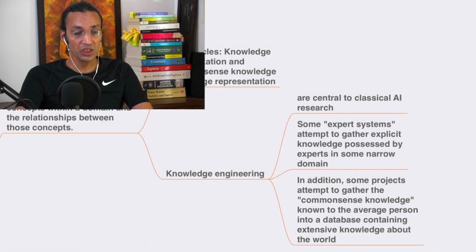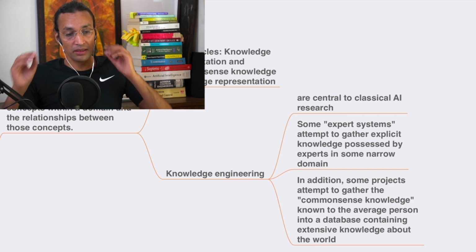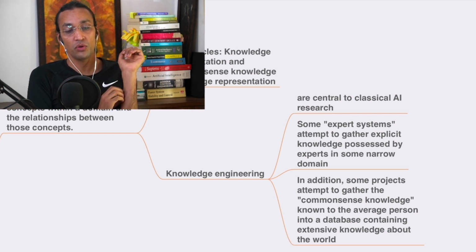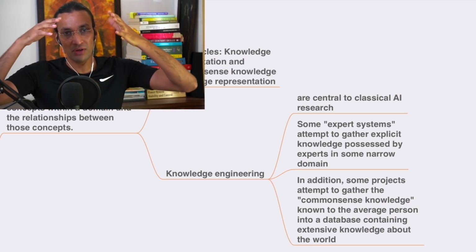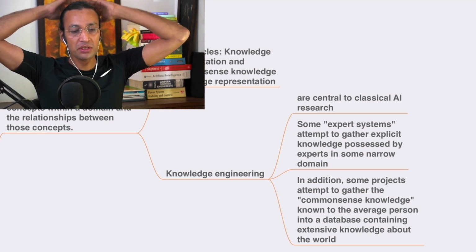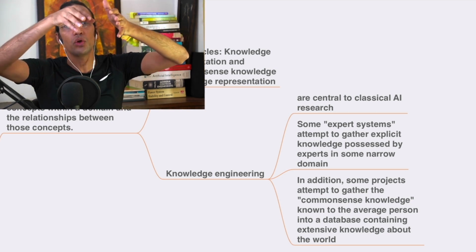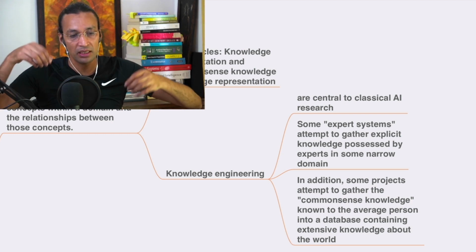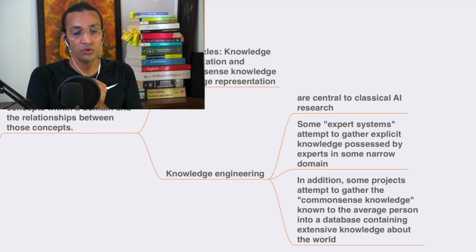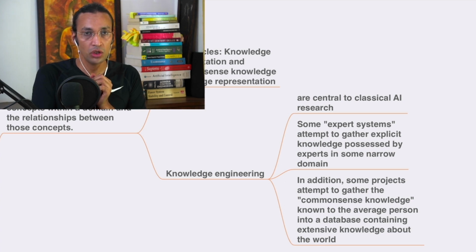So they talk about expert systems attempting to gather explicit knowledge possessed by experts in a narrow domain. When you go very narrow, knowledge engineering goes deep into the subject, and that would be a good way to solve problems.